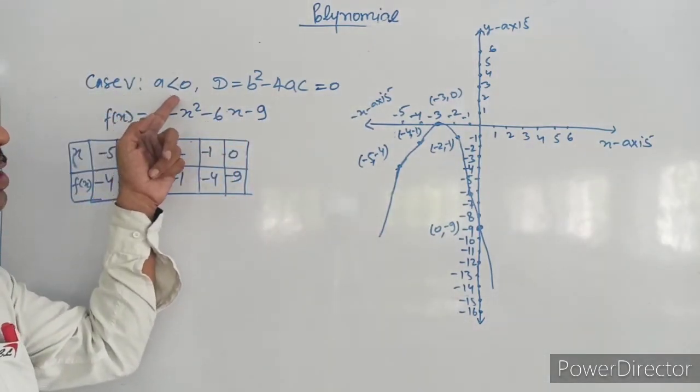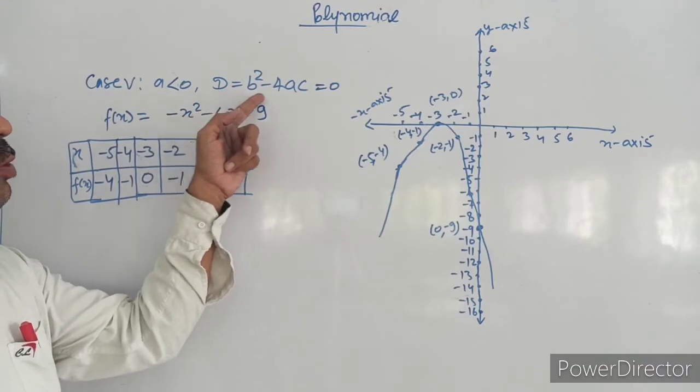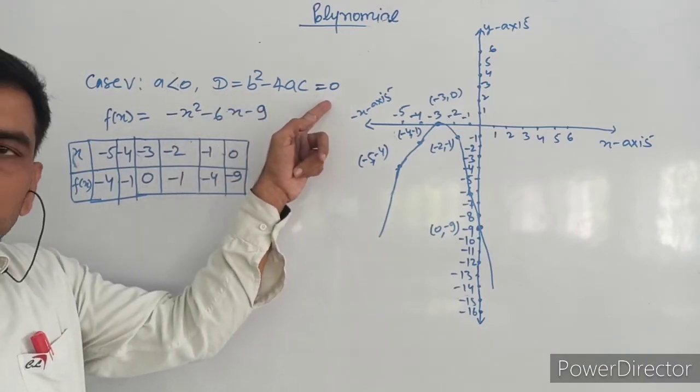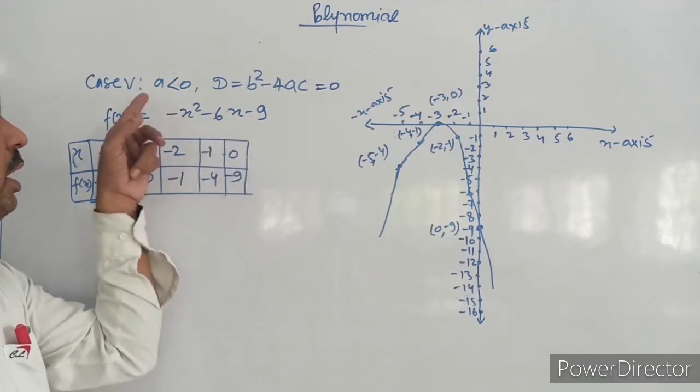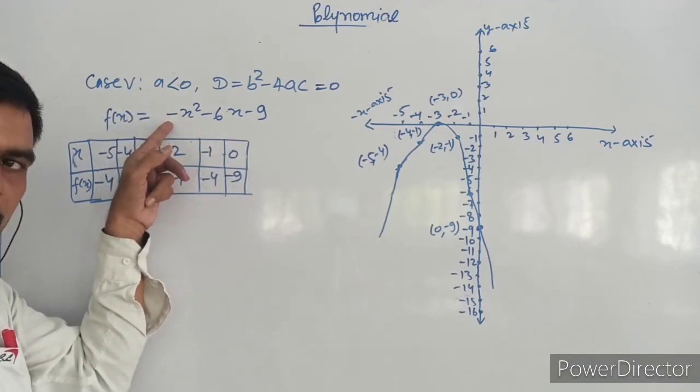Case 5: when a is less than 0, and D equal to b square minus 4ac equal to 0. Here, -x square minus 6x minus 9, a is less than 0.